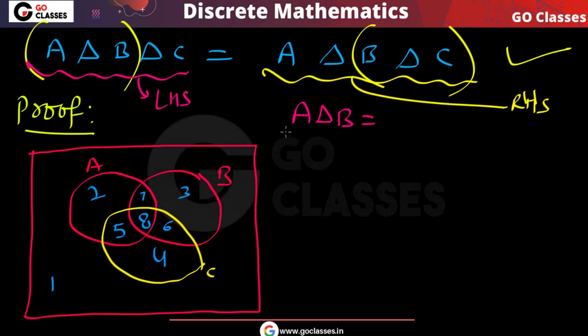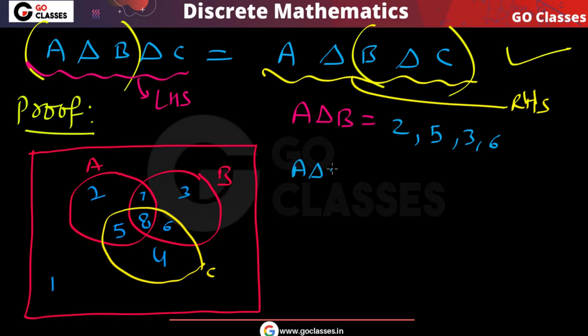That means exclusive elements of A and B, that means A minus B union B minus A. Those elements which are in A but not in B, or in B but not in A. So basically those elements which are in exactly one of them. So that area will be 2, 5, 3, 6. So this is A symmetric difference B. Now you have A symmetric difference B.